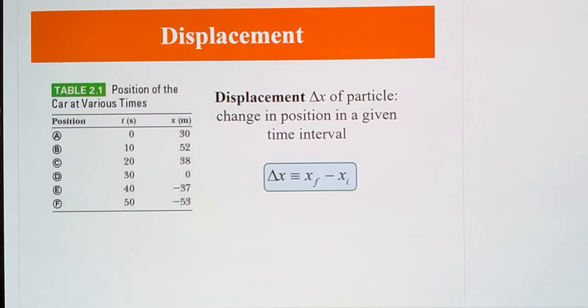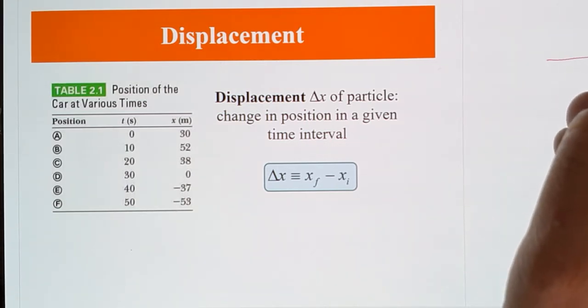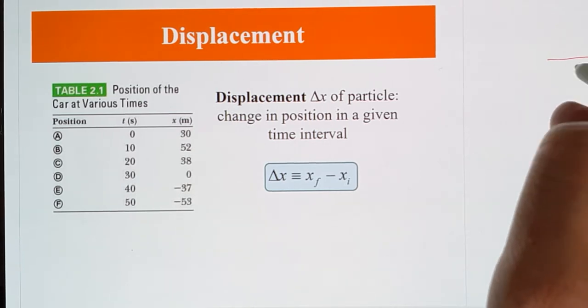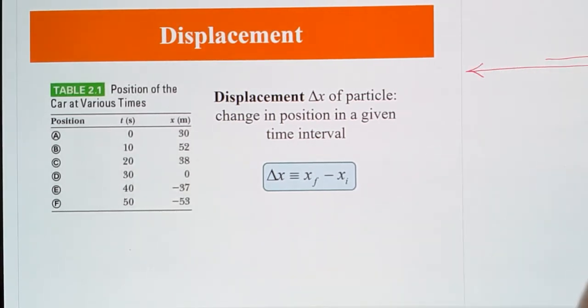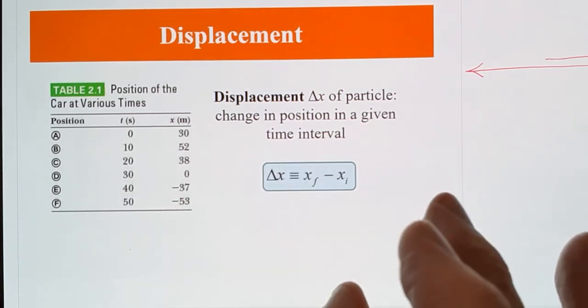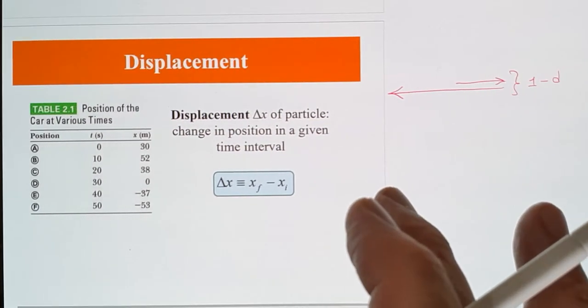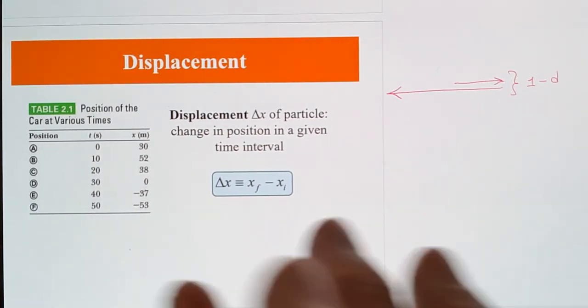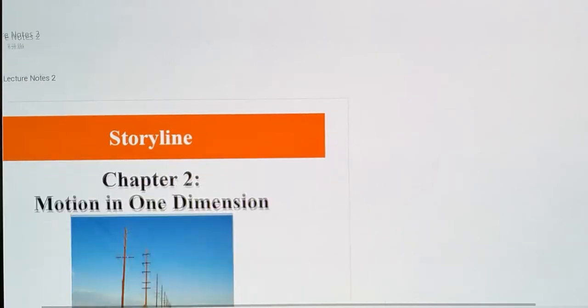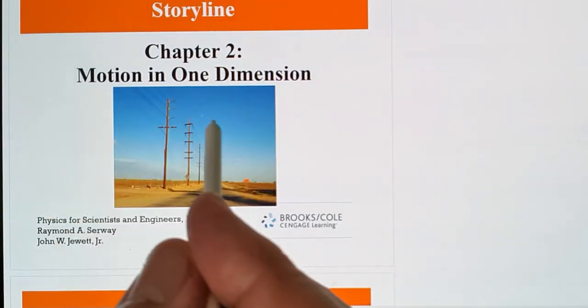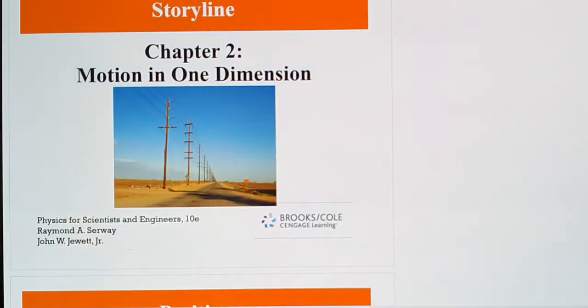Please notice that all our motion, left to right or right to left, always happens in one dimension. And indeed, the title of the course is motion in one dimension.